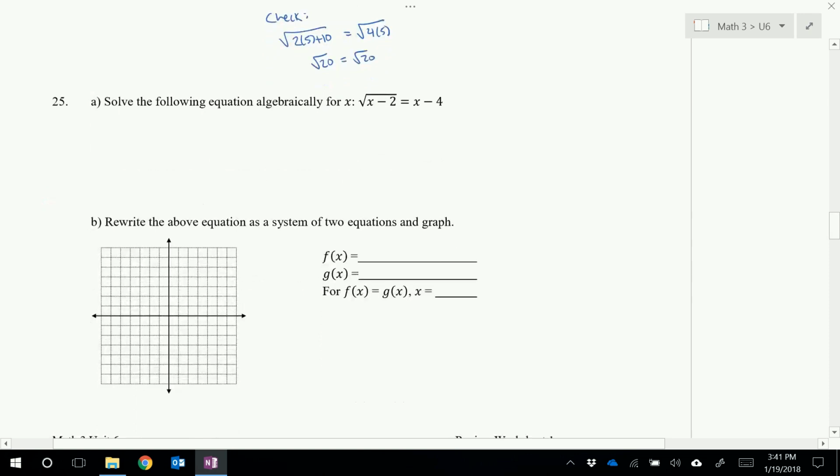25, we're asked to solve the following equation algebraically, and then part B we work at it graphically. So starting algebraically, I'm going to square both sides and get x minus 2 is equal to (x minus 4) times (x minus 4). Distribute, you end up with x minus 2 is x squared minus 4x plus 16.